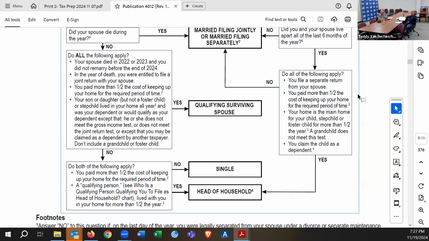Did Danny pay more than half the cost of keeping up his home? Yes. And was his home the main home for his child, stepchild, or foster child for more than half the year? Yes. And is he able to claim that child as a dependent, or is he claiming that child as a dependent? Yes. Therefore, we can select head of household.